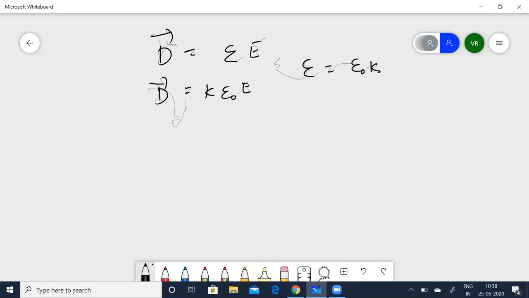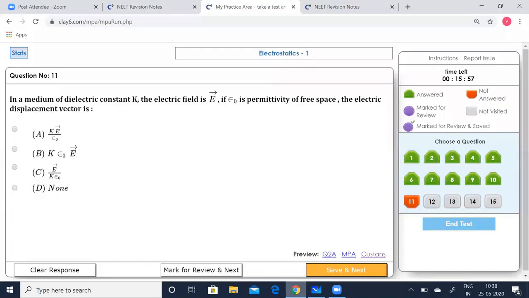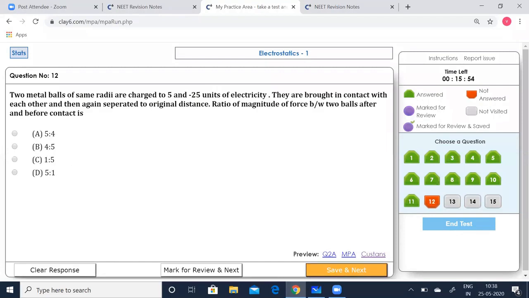The electric displacement vector D is equal to epsilon times E, and epsilon is equal to epsilon 0 into K. So D vector is equal to K times epsilon 0 into E vector. B option is correct. Click that, go to the next.